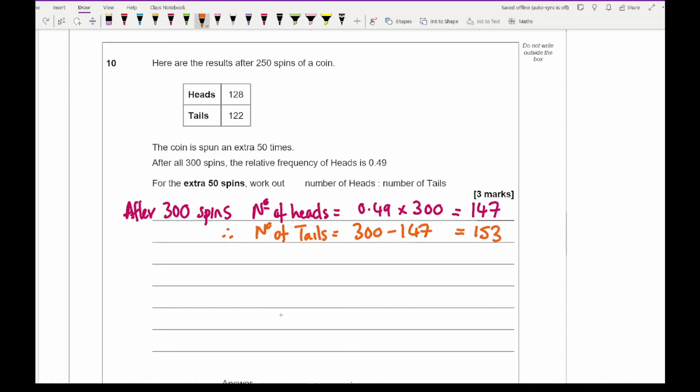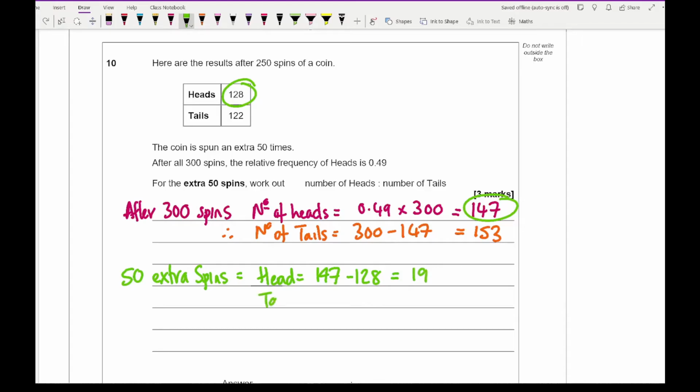So then what I need to do, in terms of the 50 extra spins, is find the head count, which is going to be the difference between this number and this number, so 147 minus 128, which is 19.